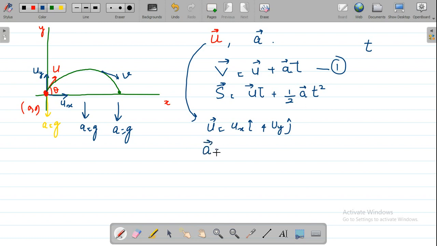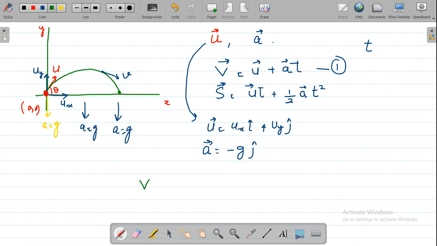We know acceleration is downwards. The component of acceleration along the x-axis is 0, because it makes an angle of 90 degree with the x-axis. That means the component along the x-axis is a cos 90, and cos 90 is 0. So acceleration is minus g j cap, because it is downwards towards the negative y-axis. From here we can calculate v from this formula.